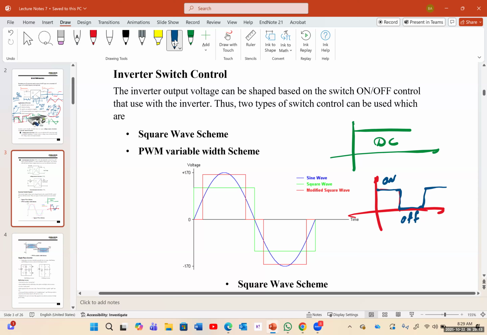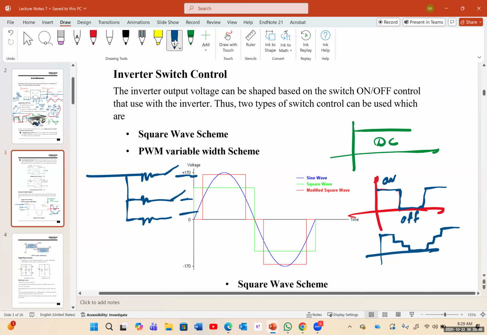But if I add a resistor, for example, a voltage divider, I can make it multiple stages, meaning that instead of this, I can have something like this. And instead of having one switch here, I have 3 switches. So imagine the output is connected like this, and I have 3 switches connected, and this is my output.